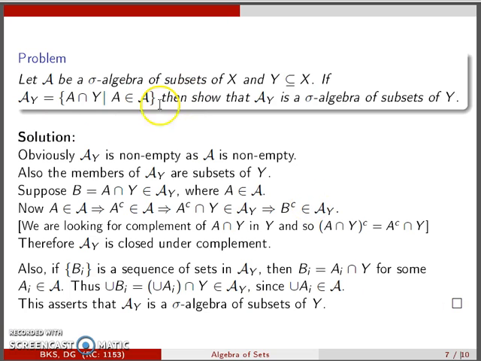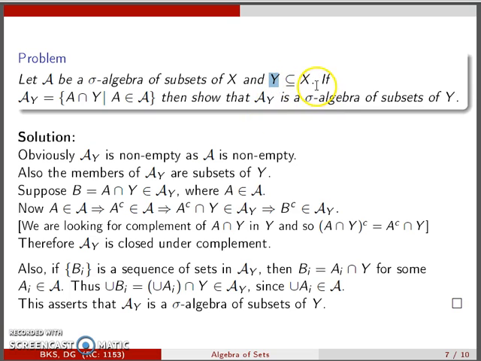Let's try certain problems. So we have a sigma algebra script A and then a subset Y. We'd like to construct a new collection in such a way that if A belongs to script A, then we collect all the subsets of the form A intersection Y. We'll name it script A_Y and we'll show that script A_Y is a sigma algebra of subsets of Y. Well, script A is non-empty, Y non-empty; assume otherwise, that's a trivial result.